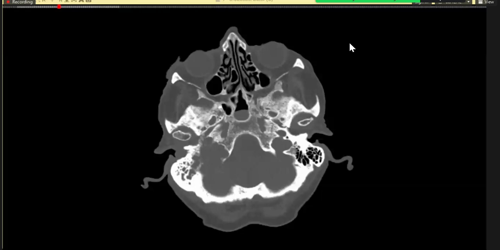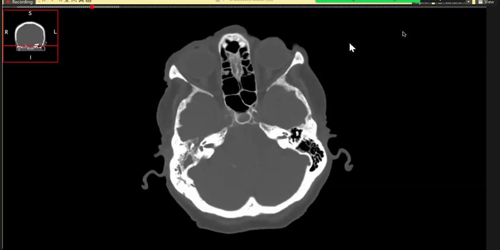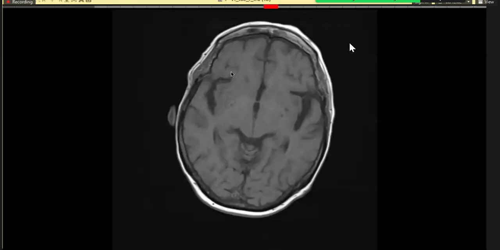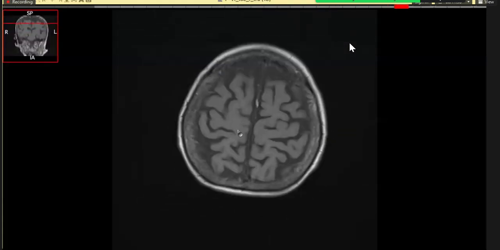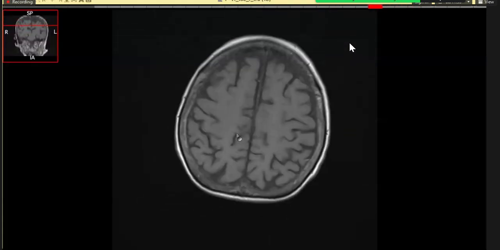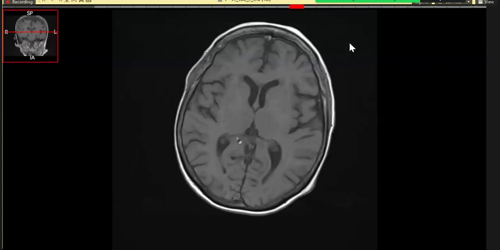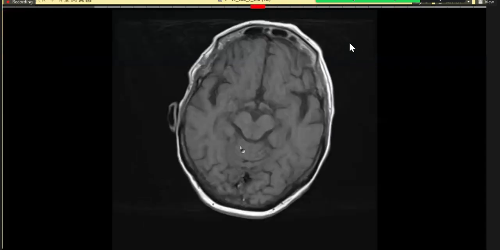Yeah, so actually, we have got an MR. Over to you. All right. These are the axial sections of MRI brain, T1 weighted images.